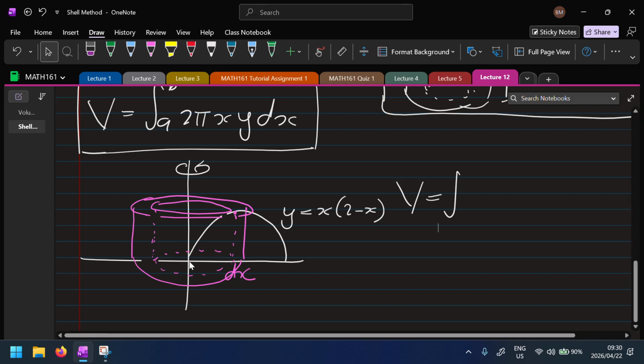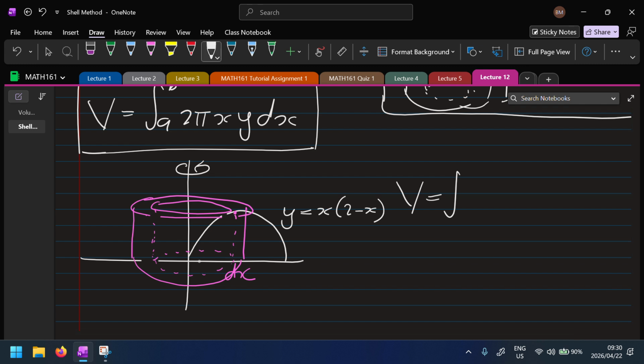What's this? 0, yeah. And then we're stacking them going outwards. So what's the larger radius? That x-intercept at the bottom there? 2. Okay, so we have a cylinder at the center there, and then the cylinders go out and out until x equals 2. That will be the largest cylinder.